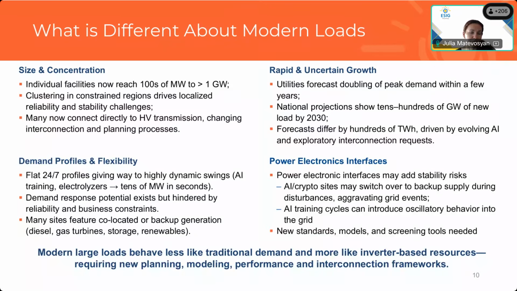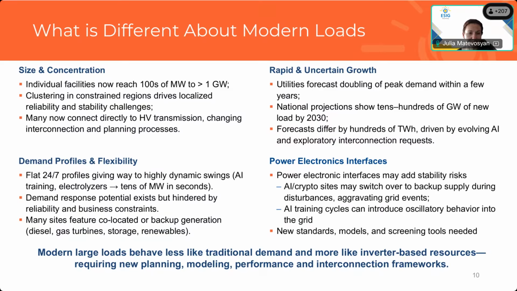These new loads, due to their size, are seeking connection at high voltage levels at the transmission level, and that has an impact on the interconnection process compared to how those were treated historically. As I mentioned, the growth is rapid and uncertain.